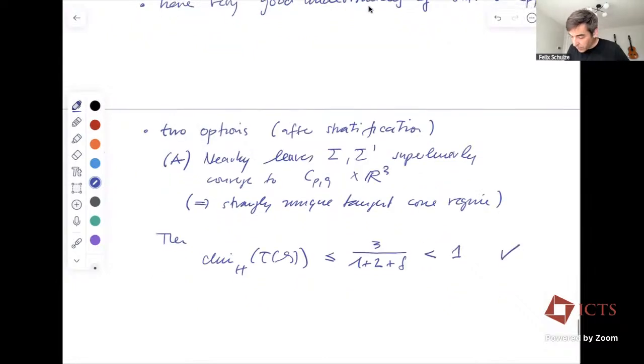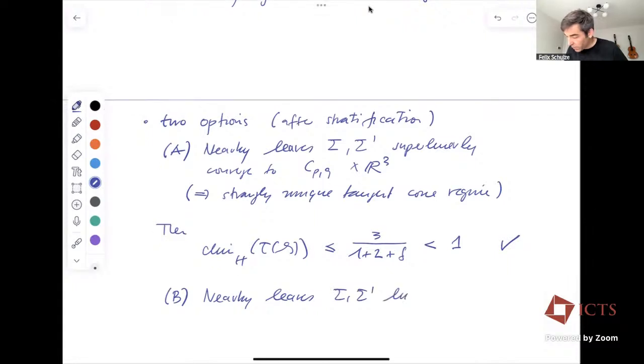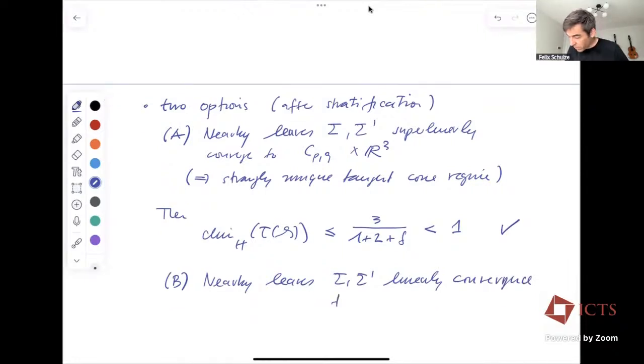Now, the other option here, the other bad case that can happen is that nearby leaves, sigma and sigma prime, linearly converge, so have slow convergence to CPQ cross R^3.